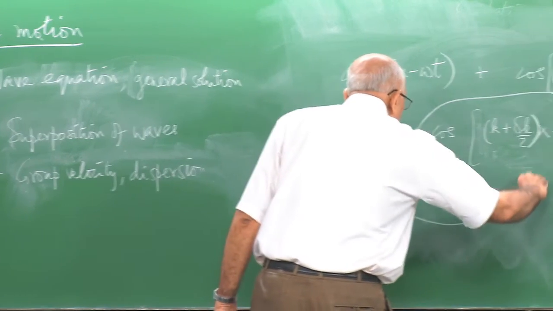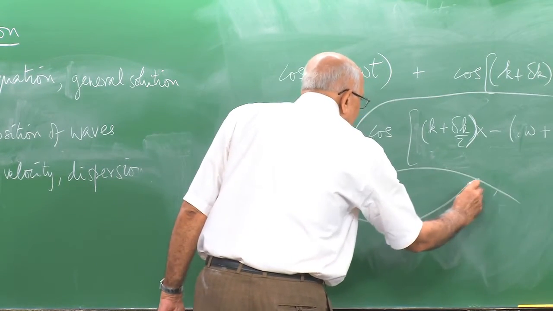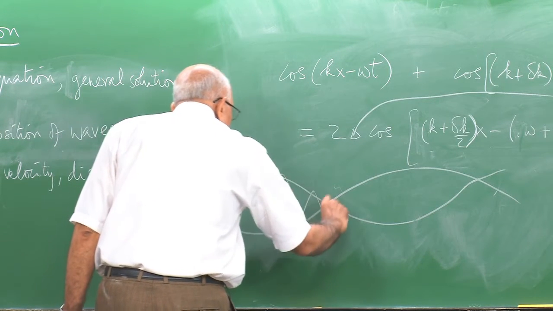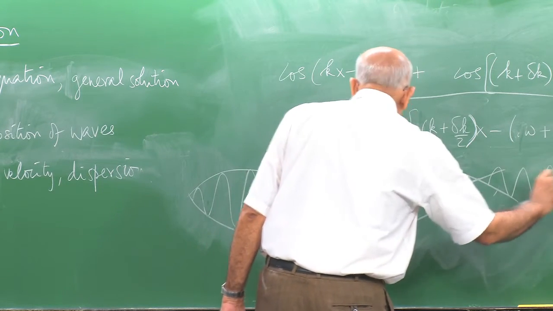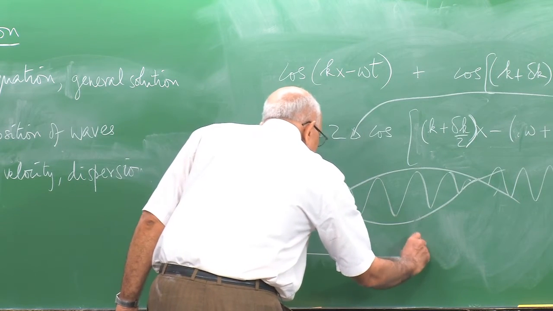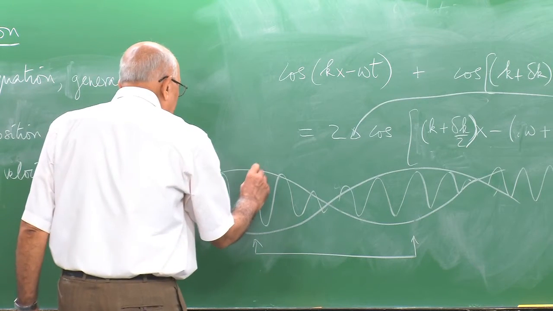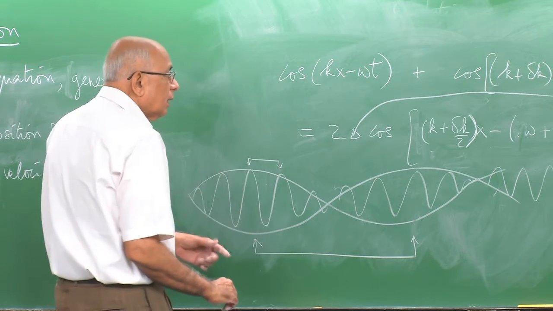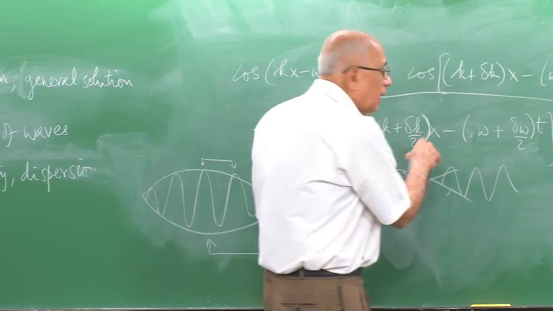Schematically, and so on, the actual disturbance looks like this. And this wavelength here is much larger than this wavelength here. This wavelength here is given by a wave number which is k plus delta k over 2.